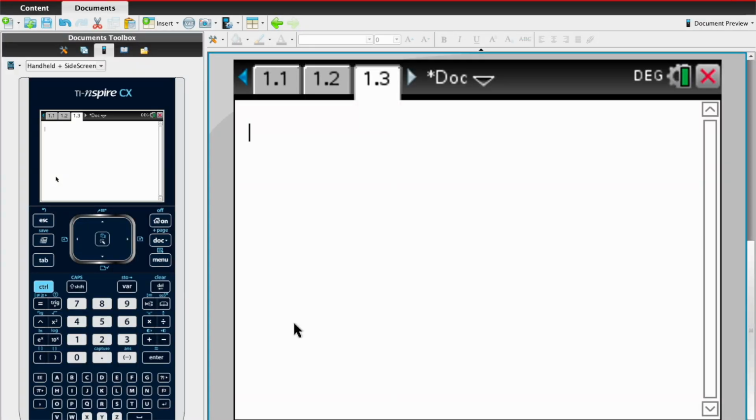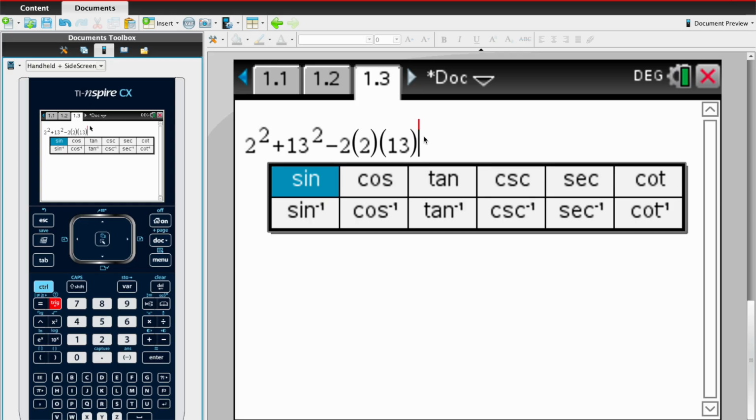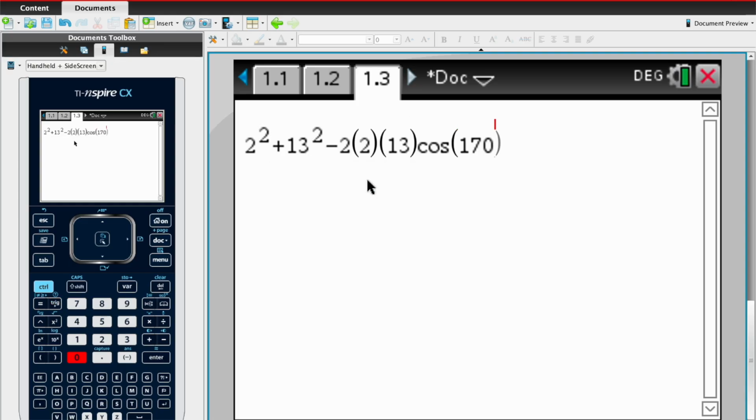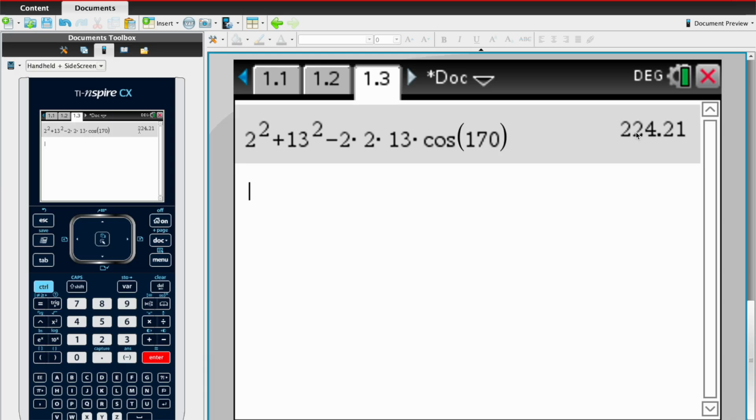So x squared is equal to all of this business: 2 squared plus 13 squared minus 2 times 2 times 13 times cos 170. Make sure you're in degrees, always a thing to check. It'd be an unfortunate way to lose a mark. So this is what x squared is equal to, and that's the value, 224.